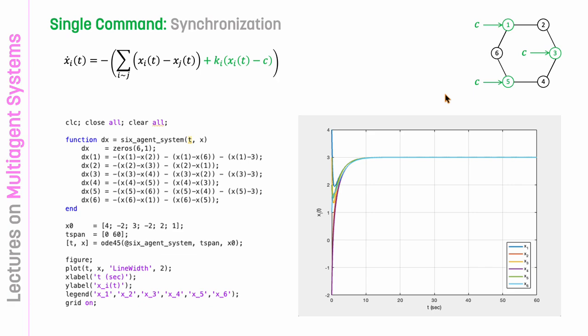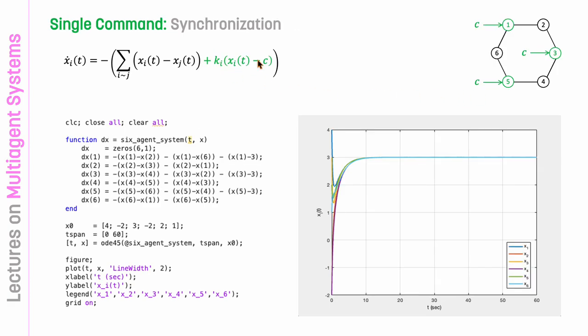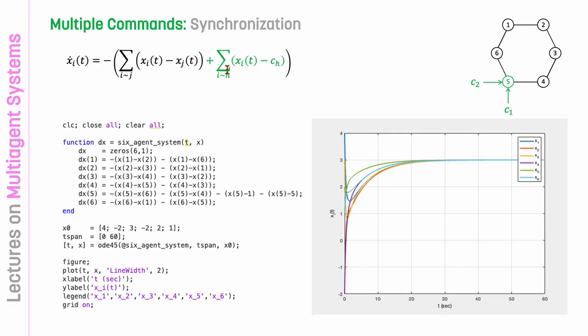All right, now I would like to move to the multiple commands case, but I want to start with a special case. In this case, first of all, I changed the notation. We no longer have Ki notation since we no longer deal with one type of command, but we are using another summation, I sim h.